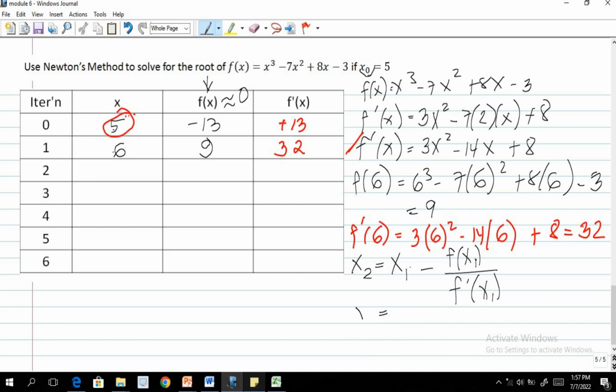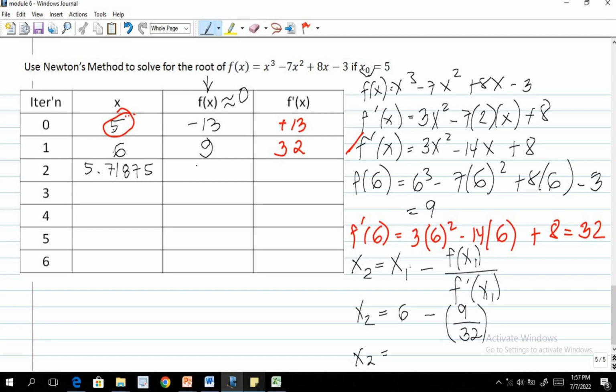So, ang magiging value ng aking x2 ay 6 minus my fx1 is 9, divide it by 32. And the value now of my x2 is equal to 6 minus 9 divided by 32. That is equal to 5.71875.